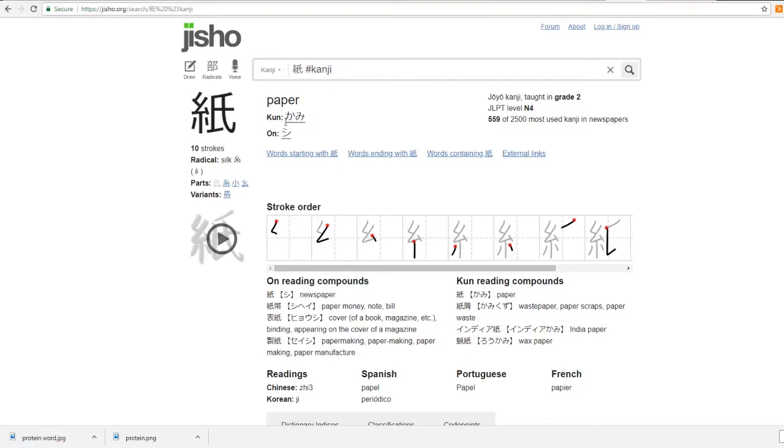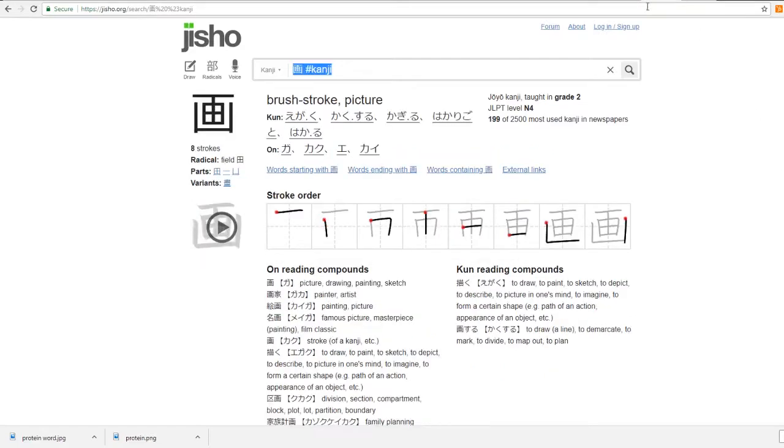The kunyomi for this one is going to be kami, and the onyomi is going to be shi. Shi. It's more like Chinese, I guess. Pronunciation. Shi.